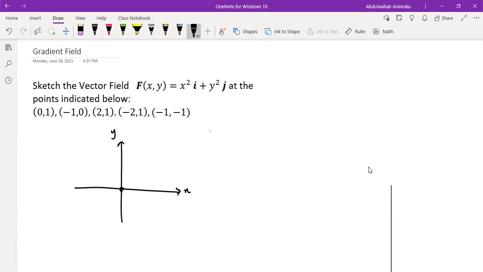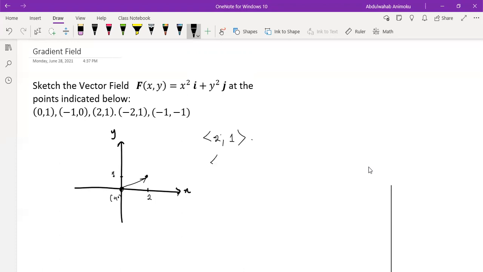Now say you want to sketch a vector with 2 in the X direction and 1 in the Y direction. How do you sketch such a vector? You quickly check the coordinate where X is 2 and where Y is 1. And then wherever they meet, that is where the vector will be drawn to from the center, the center of this coordinate 0, 0, up to that point.